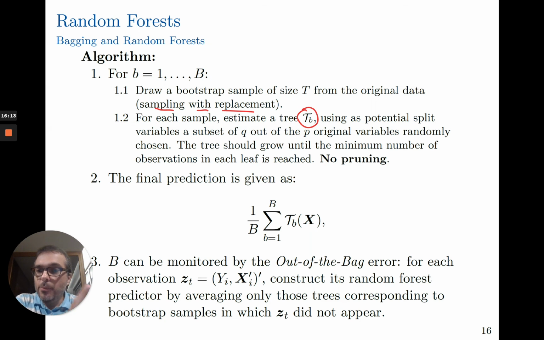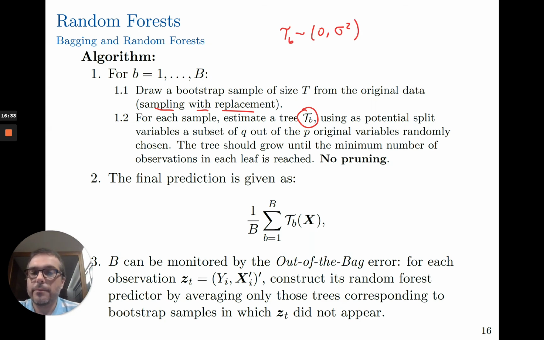What's the intuition for that? Imagine that each tree is unbiased, has zero mean, and the predictions have variance sigma square.